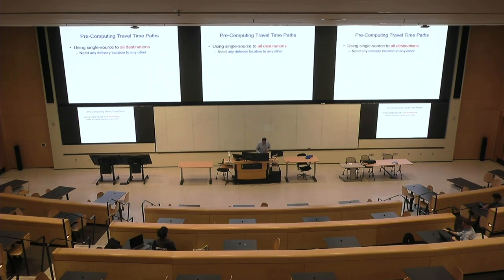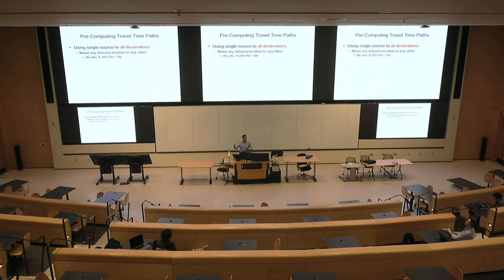So we want the shortest travel time from any delivery location, pick up or drop off, to any other one. And this is basically just a small modification on the Dijkstra algorithm that you already wrote.